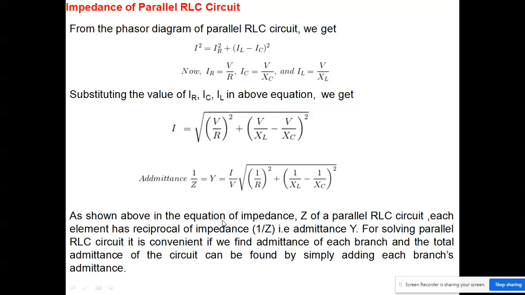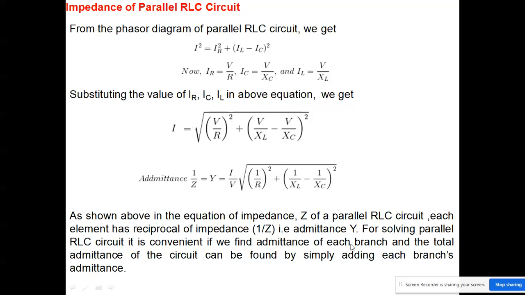You can see that in the parallel RLC circuit, each element has the reciprocal of the impedance: 1 upon R, 1 upon XL, 1 upon XC. So all are reciprocals. That's why we write in terms of the admittance, not in terms of the impedance.